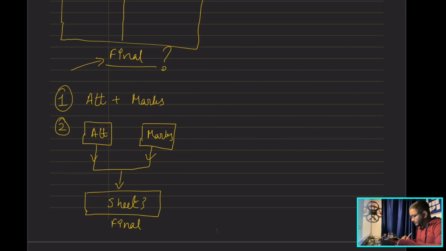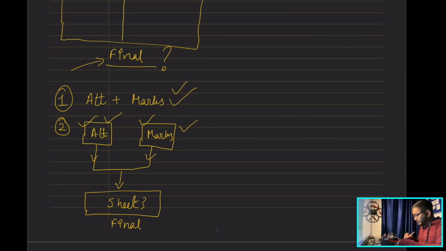In the first option, it seems easy to collect data and easy to manage. In the second option, it becomes more easy to manage because you are having two different sheets to store different types of data. In sheet 1 you can store only attendance, in sheet 2 you have to store and manage marks only.